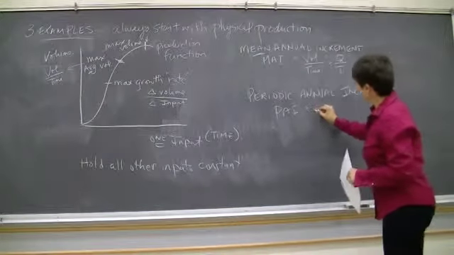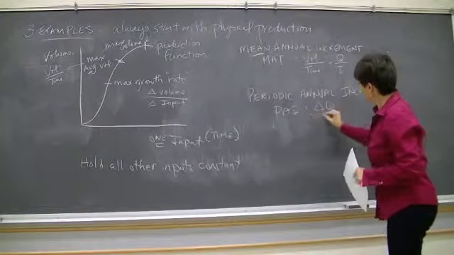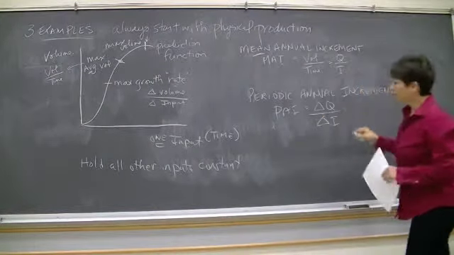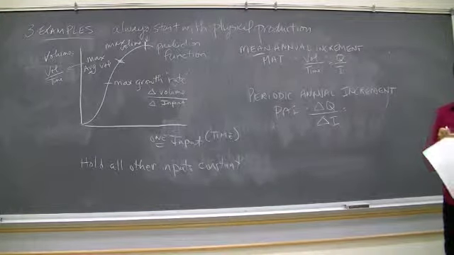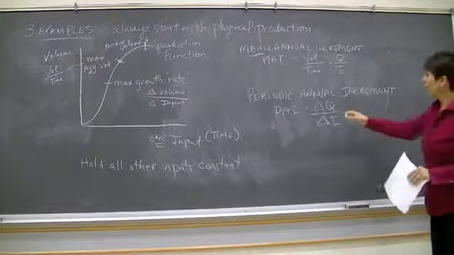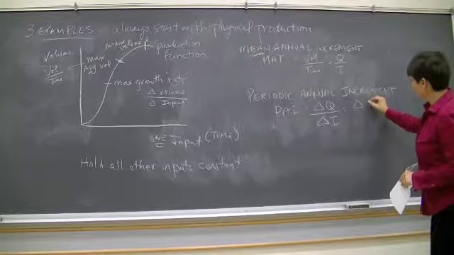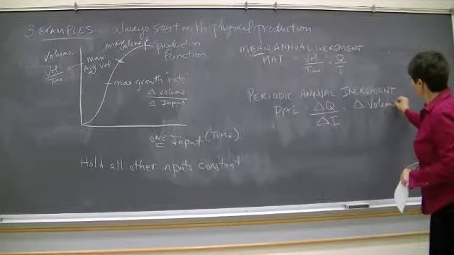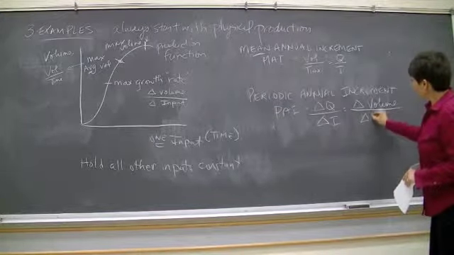So in this case, it's the change in quantity over the change in the input. So it's a margin. We're looking at just a small change from one point to another. In this case, it's the change in volume over the change in time.